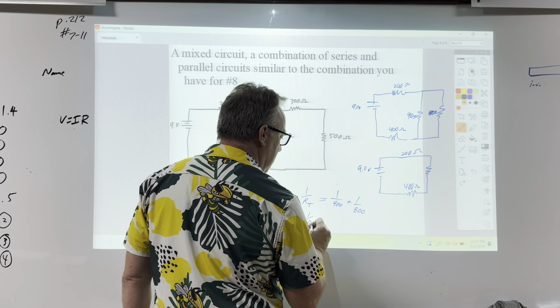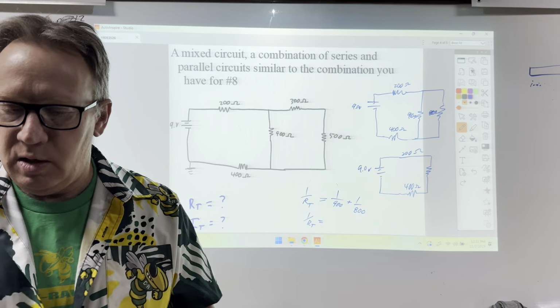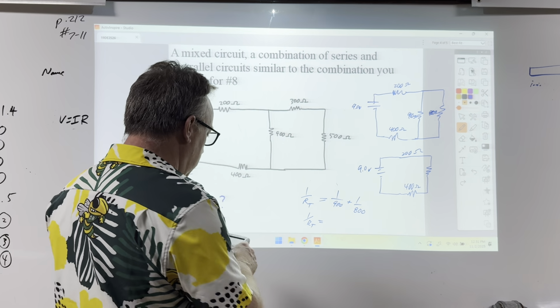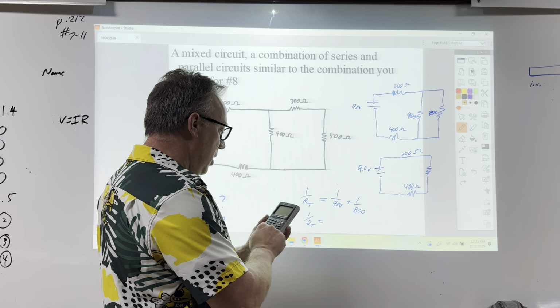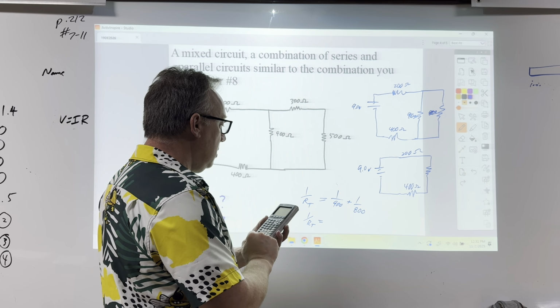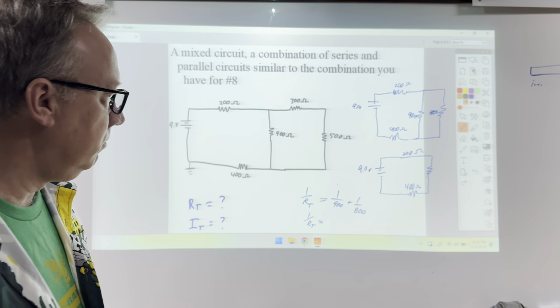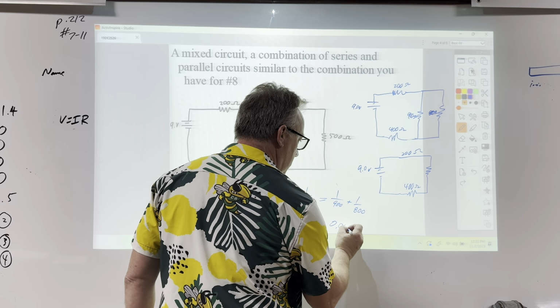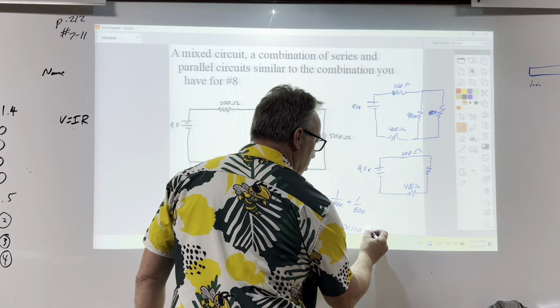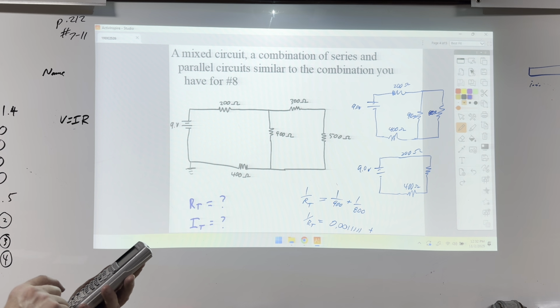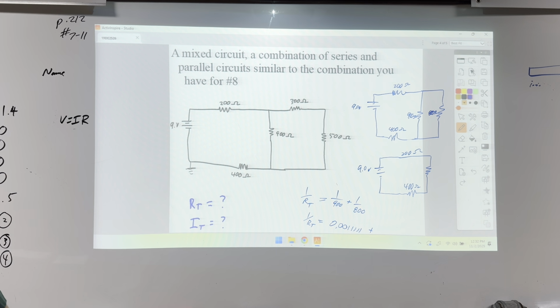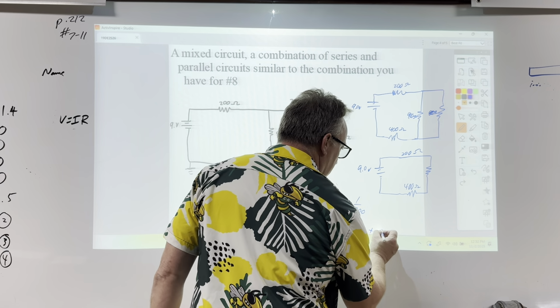So go ahead and divide 1 divided by 900, which is 0.00111111. And 1 over 800 is 0.001225. This is like an 8, but with 2 more zeros.